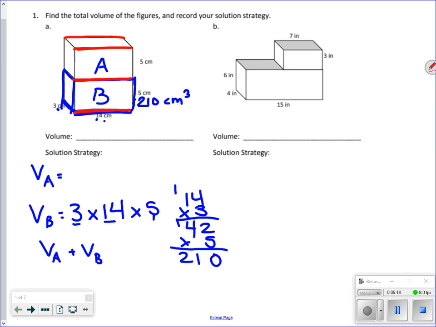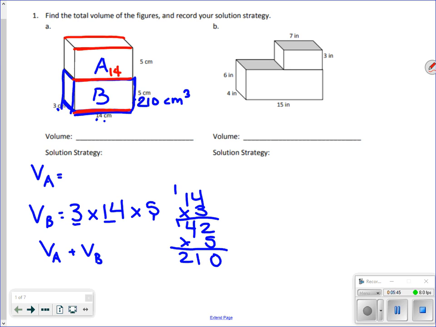Every single one. So for shape A, whether that's my length or my width, whichever one you choose to make it, that number is going to be 14. Because it's 14 here, so it's 14 here. Just because they don't label it doesn't mean it's not. Do you see that?